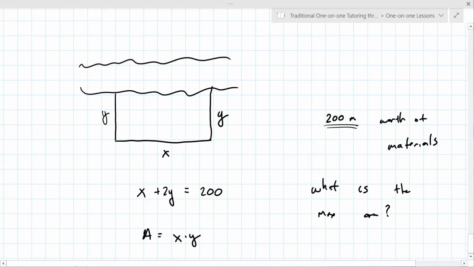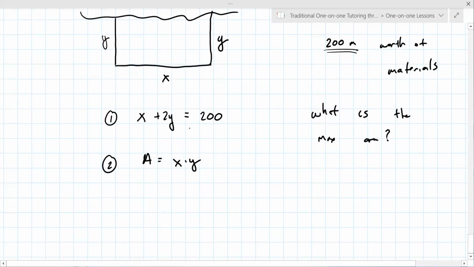See how I mentioned before, you generally write two equations, and then you solve for one and substitute in the other. Here, believe it or not, we want to solve for X. It'll be slightly easier. So X is 200 minus 2Y. Then we substitute that in here.